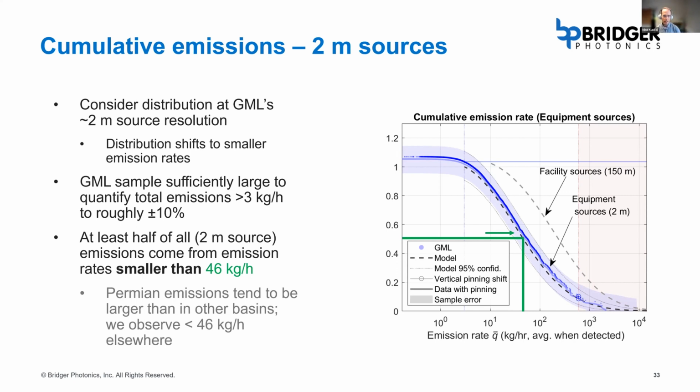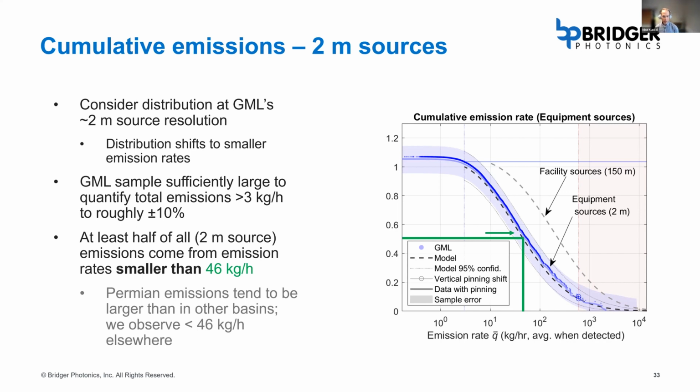As I mentioned, the GML sample consists of surveys over 7,400 sites. And you can see that allows us to quantify the cumulative emissions pretty well, to within about plus or minus 10%. You can see that by comparing the sample error range to what was actually measured or the model function.